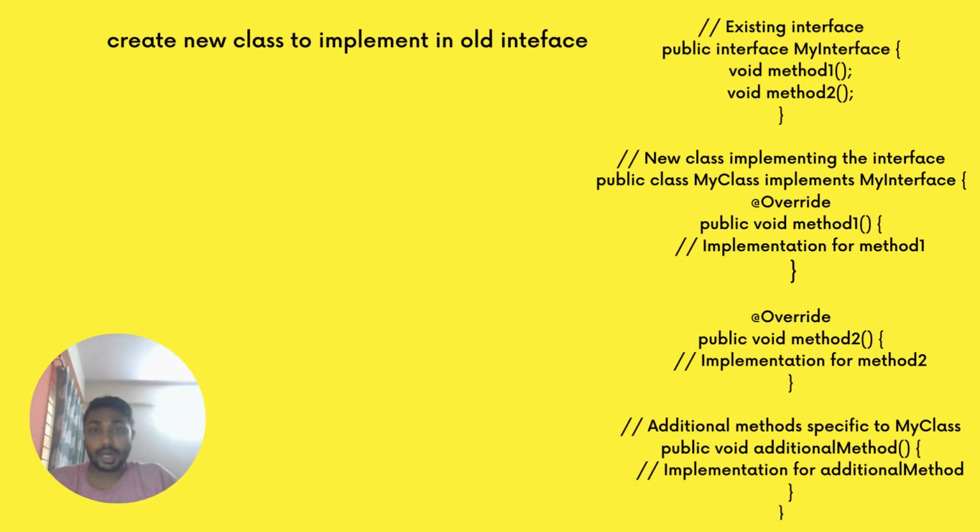So let's understand how we can create a new class to implement the old interfaces. This is a mostly asked question. Like you have an existing interface, you have to extend it and create a new class of that. Suppose we have an interface named MyInterface, and there are two methods, void method1 and method2.